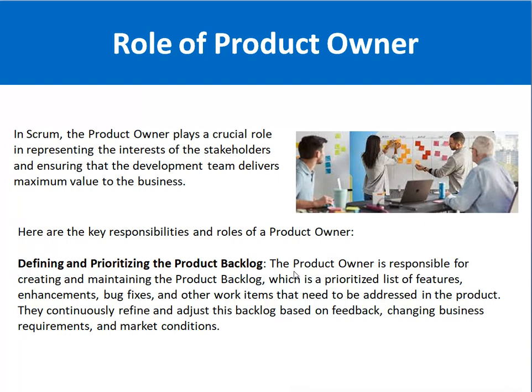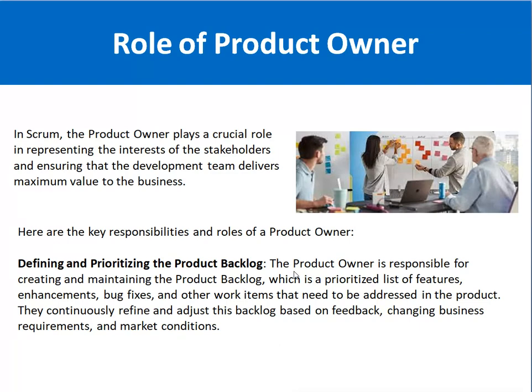He has key responsibilities which include defining and prioritizing the product backlog. Now, what is a product backlog? Product backlog, just think of this as a document of Microsoft Excel or Microsoft Word, in which it consists of features, enhancements, bug fixes, work items for the product which we are going to develop.